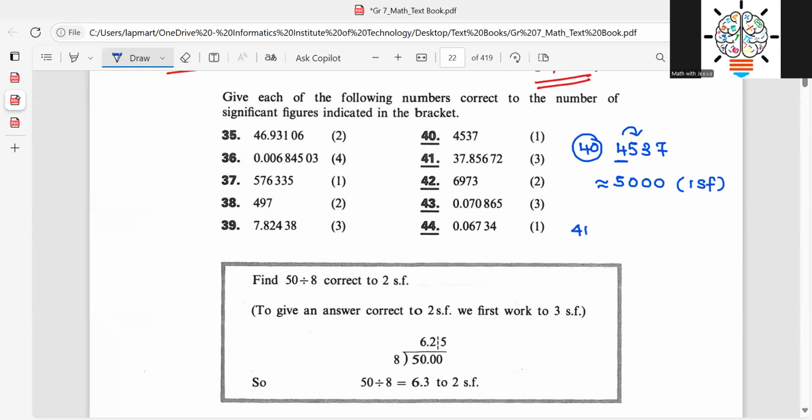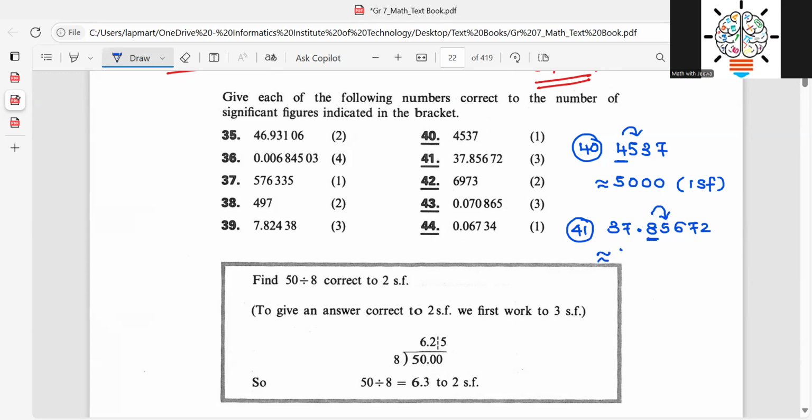If you take question number 41, 37.85672, this time we need to correct this to the third significant figure. So this is the third significant figure. Look at the next number. We need to add 1.